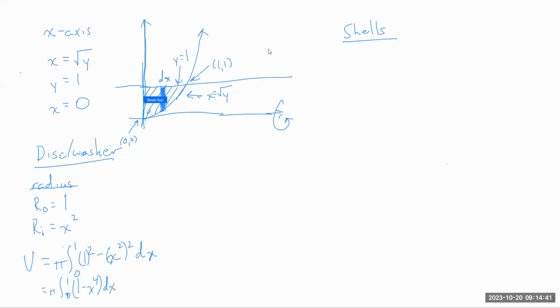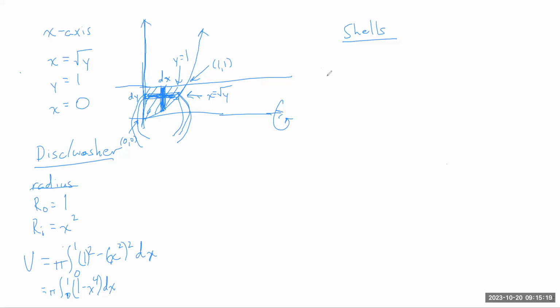So now I have these horizontal rectangles, and how thick are these things? These are dy thick. So if I want to make shells, now that I rotate this rectangle around the same line I was rotating over before, I'm making these thin cylindrical shells.